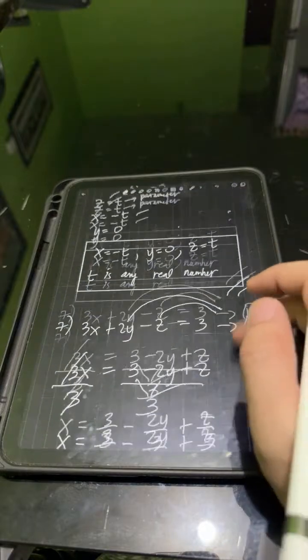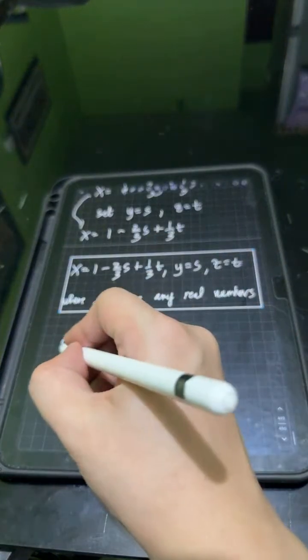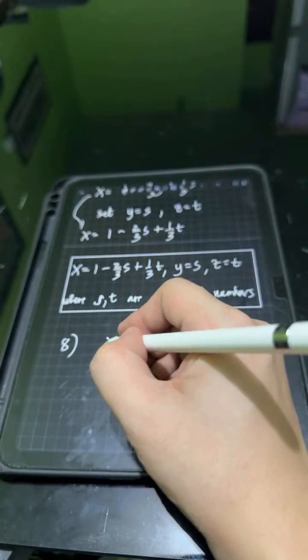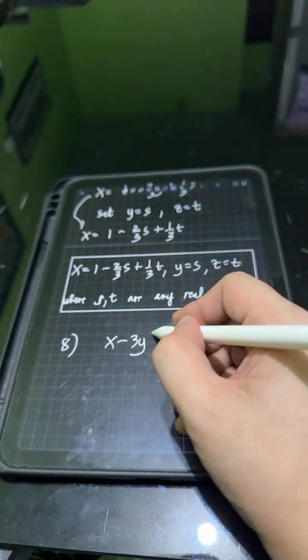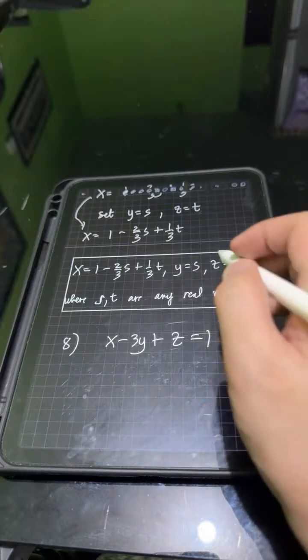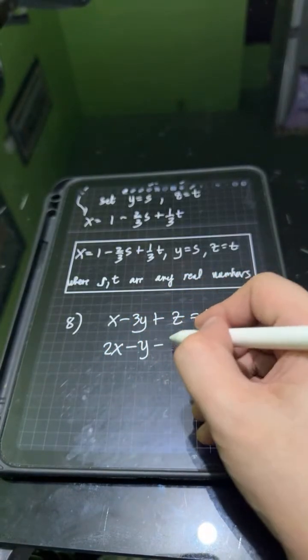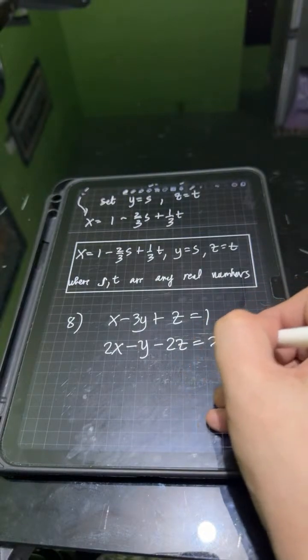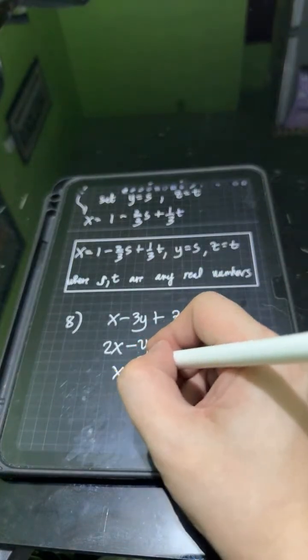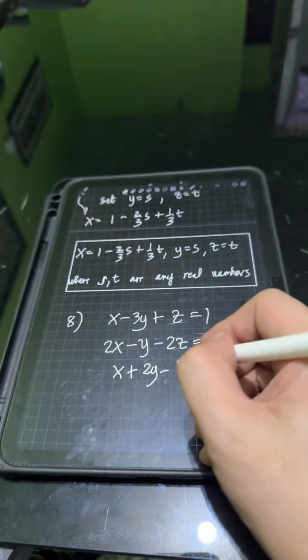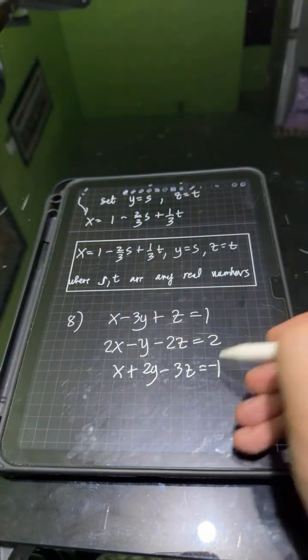Okay, next, number 8. What if x minus 3y plus z equals 1, and 2x minus y minus 2z equals 2, and x plus 2y minus 3z equals negative 1.